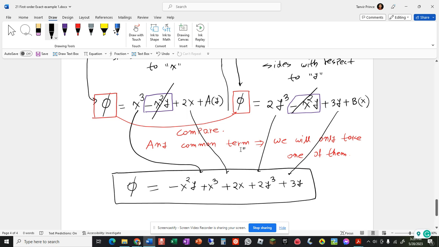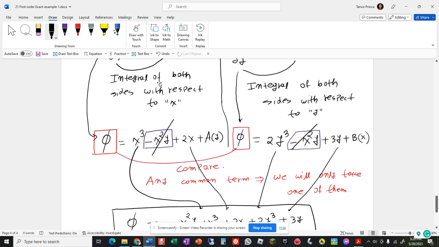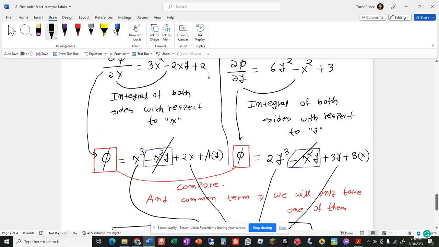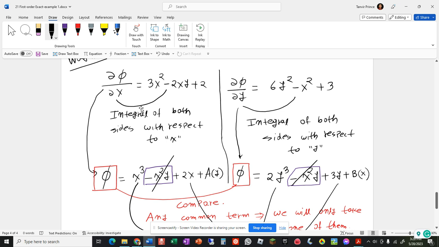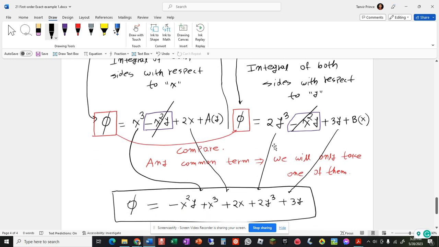So let's review that. You take the integral of both of these equations. So you take the integral of both sides with respect to x, and the integral of both sides with respect to y, and you get these two possible phi. And when you compare them, the a of y you'll get from here, and the b of x you'll get from here.